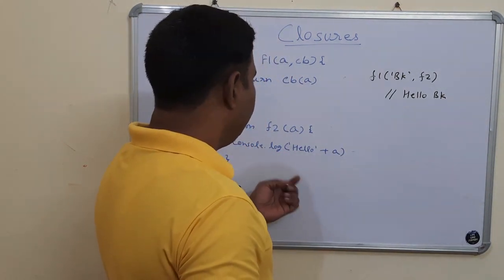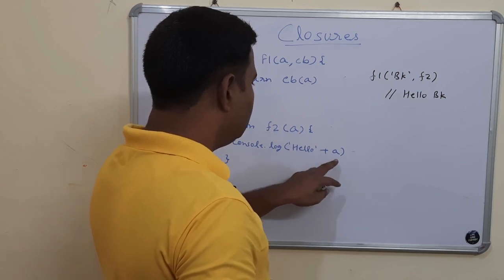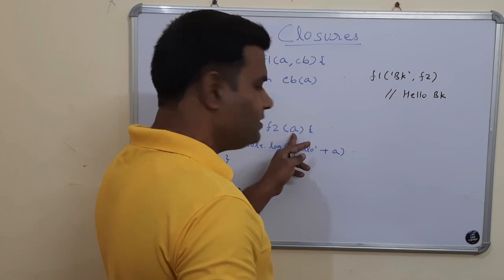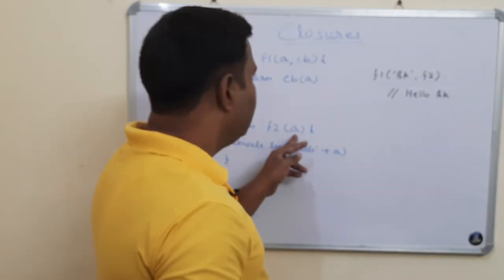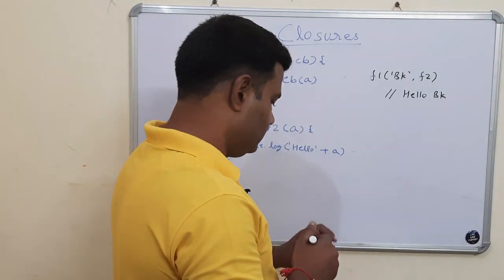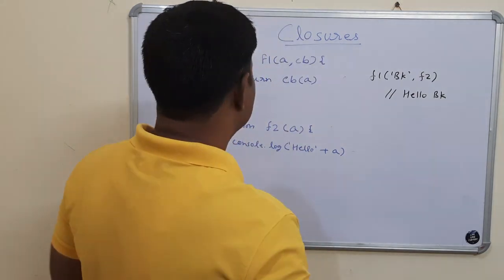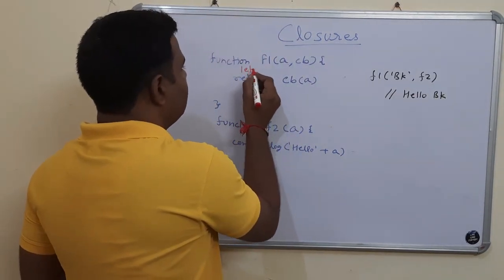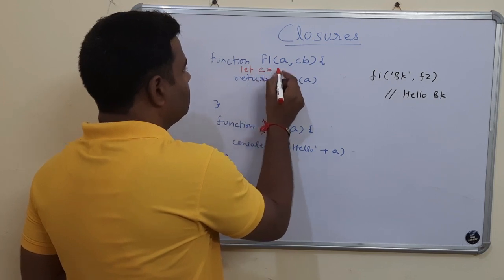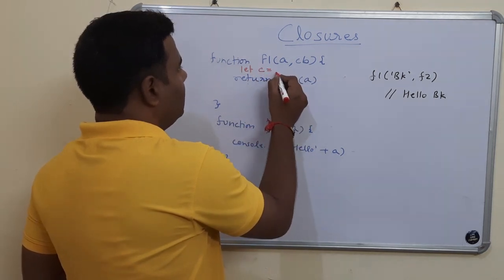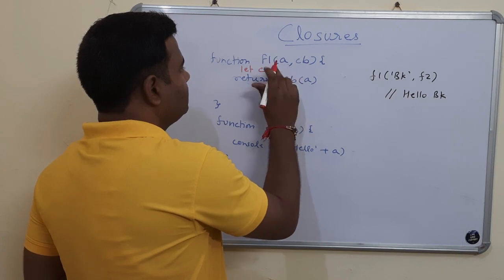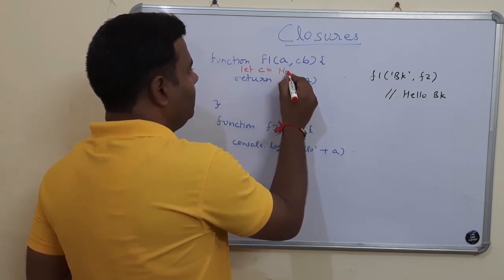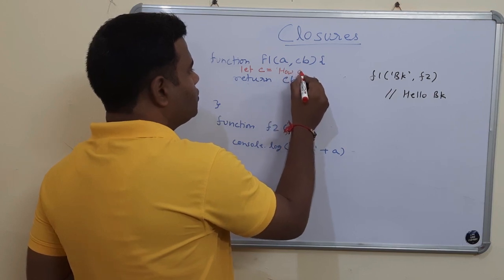But have you understood how this a variable is passed in as an argument? Let's extend this. Let's say this is a c variable, which is asking a question, how are you?